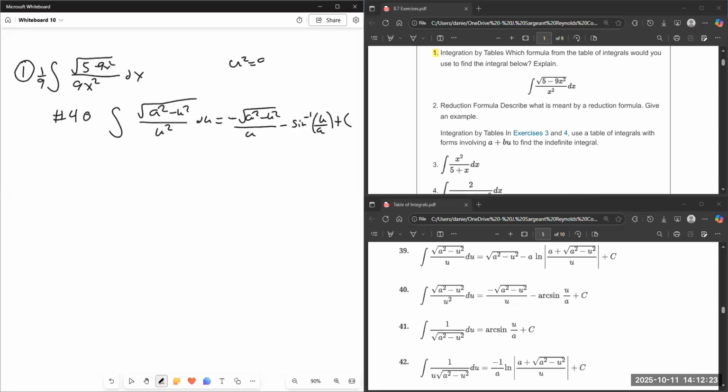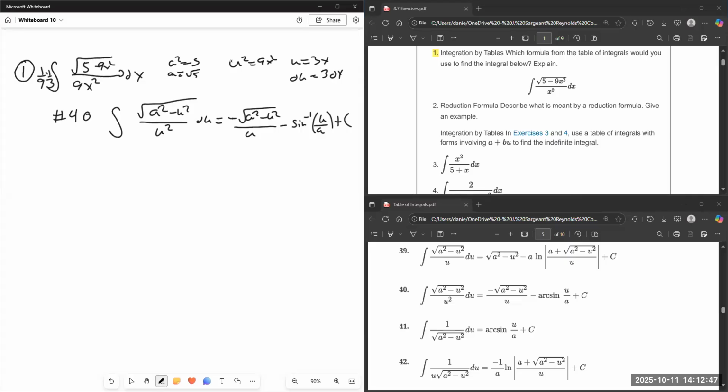U squared would be 9x squared, so u would be 3x, du would be 3dx, so I'd have a 3 and a 1/3 as a fix, and my a squared would be 5, and my a would be equal to root 5.